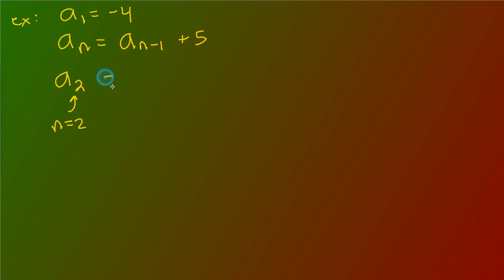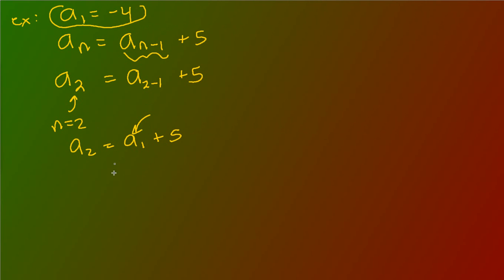So let's take a look at a better example. So let's say we have A1, and we'll start with that -4 again, but I'm going to write it a little bit differently. And instead of writing A1 right here, I'm going to write A sub n minus 1. And now I'll write my plus 5. Let's take a look at what this means. So if I wanted term number 2, so that means n equals 2 because I'm talking about term number 2.